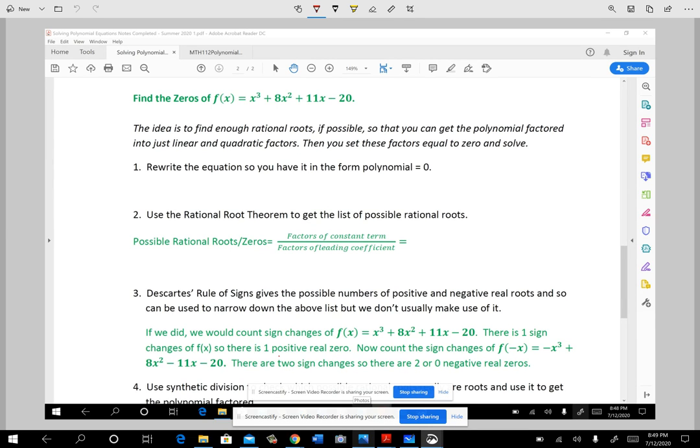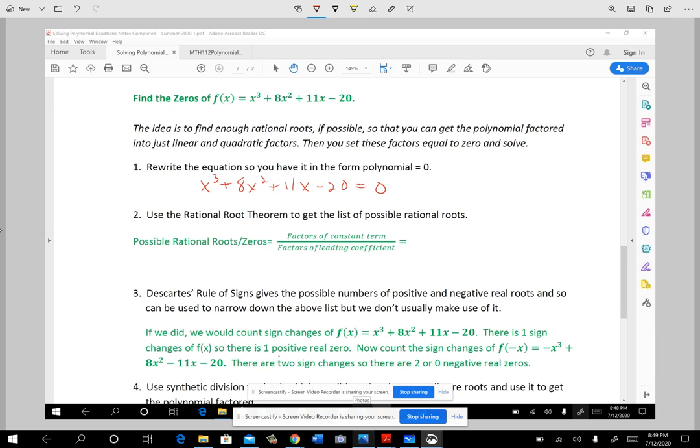First, if we're trying to find the zeros of a function, what we're really looking for is what causes x to the third plus 8x squared plus 11x minus 20 to equal 0. If they don't help us out by giving us some possible solutions, we have to find some nice possible solutions, numbers that aren't radicals or imaginary.